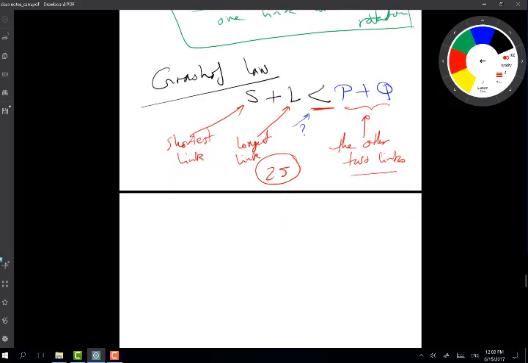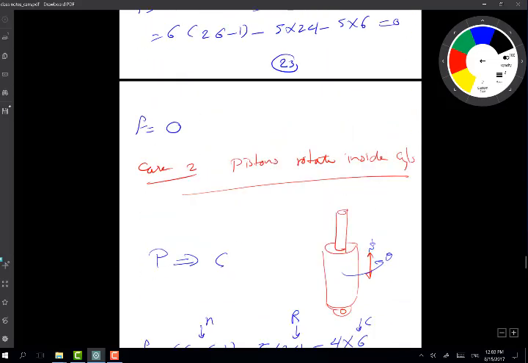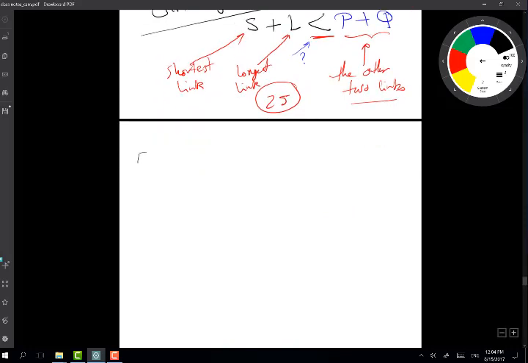So, for example, just a simple trivial example, example number 3. I'm going to say R1 is 50, R2 is 20, R3 is 70, and R4 is 60.